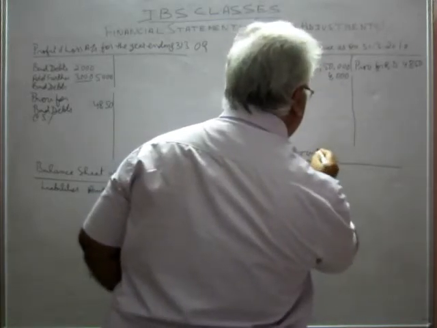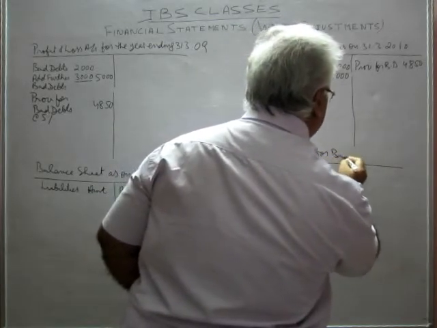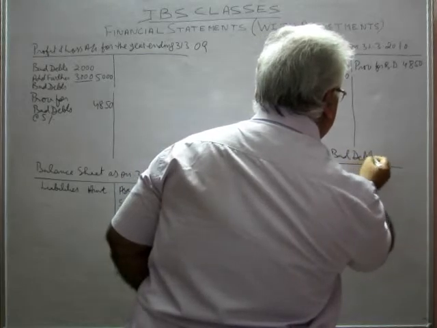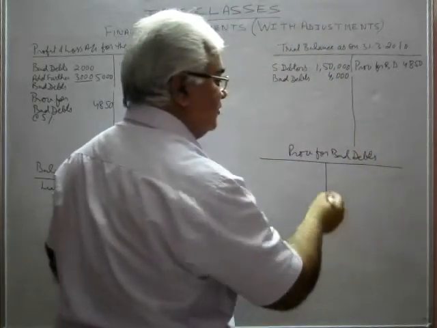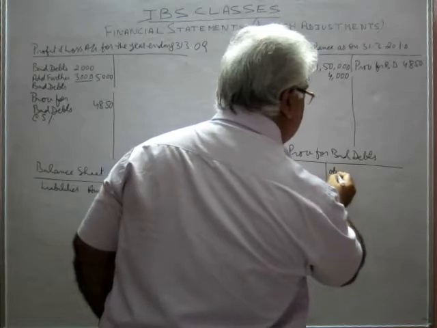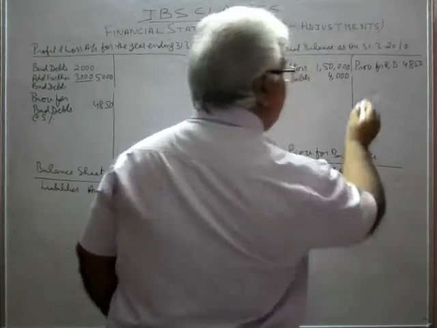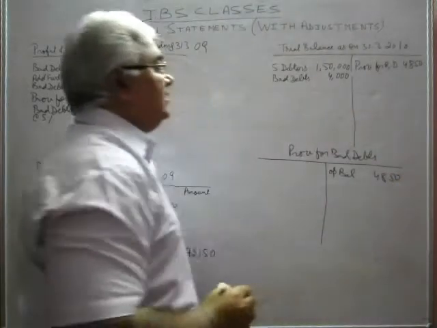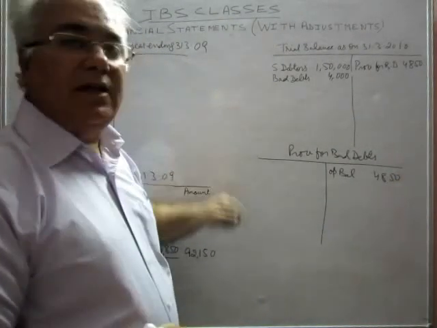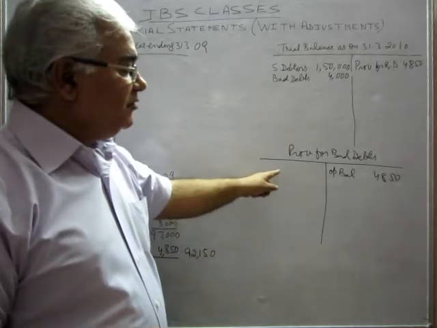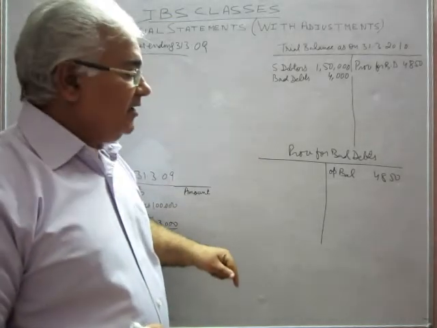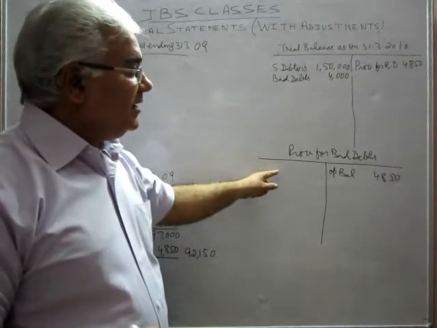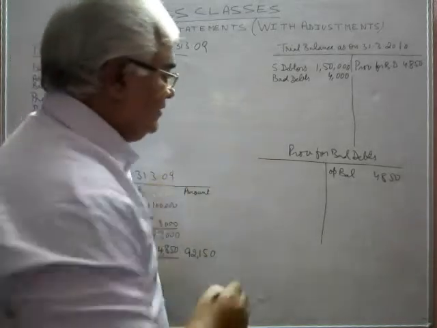Provision for bad debts. This is for 2010. So this is the opening balance, 4850. And this amount of bad debts which are appearing in the trial balance will be shifted to provision for bad debt. Entry for that will be provision for bad debt account debit to bad debts.